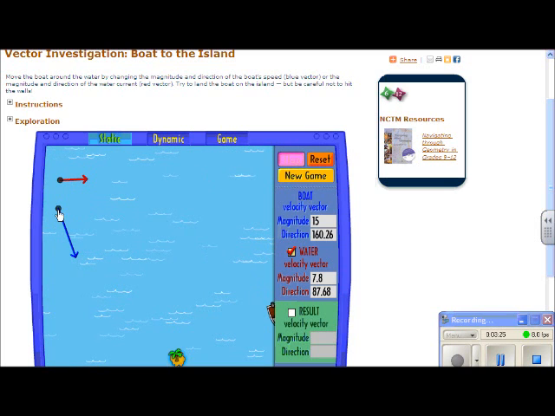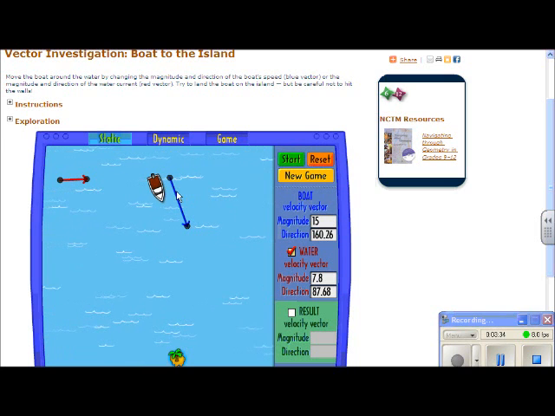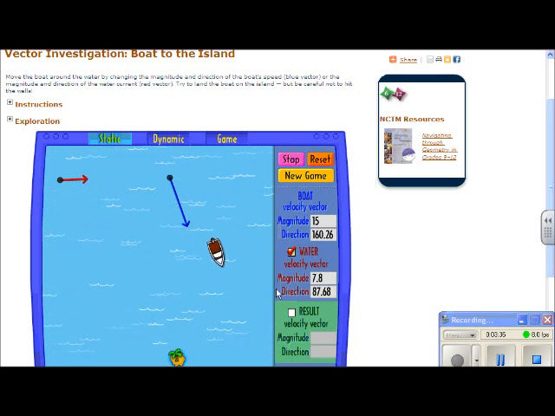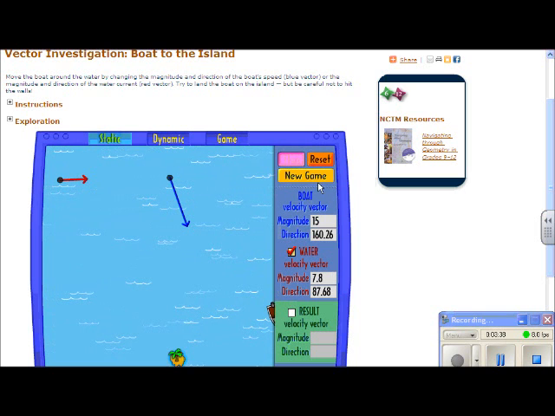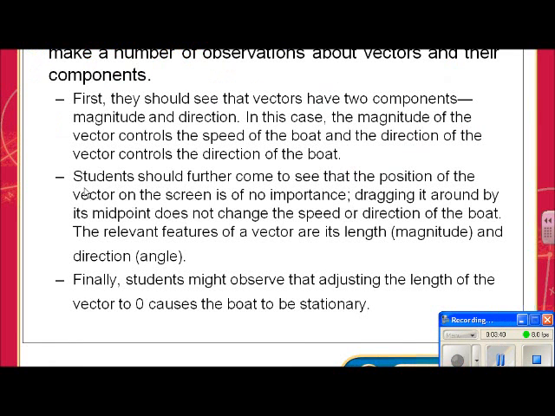The positioning of the vectors means nothing to the direction or the speed of the boat. The vectors can be moved anywhere, and you're going to get the same result every single time. So you should come to see that the position of the vector on the screen is of no importance. Dragging it around by its midpoint does not change the speed or the direction of the boat.